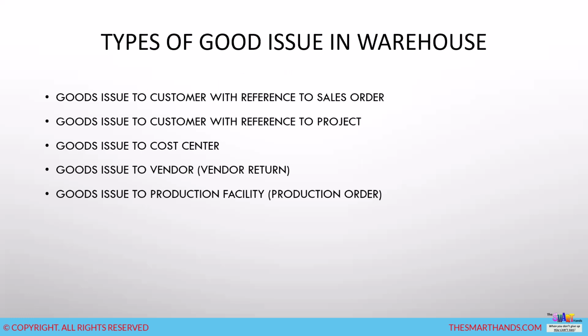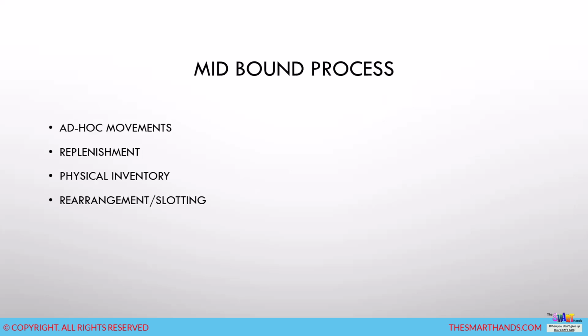Then vendor return: the vendor sent something to us with poor quality, so I send the same material back to him. I pick it, and that is also a goods issue to the vendor. And goods issue to the production facility: basically, raw material I give to them right from the warehouse. That is also one type of goods issue.